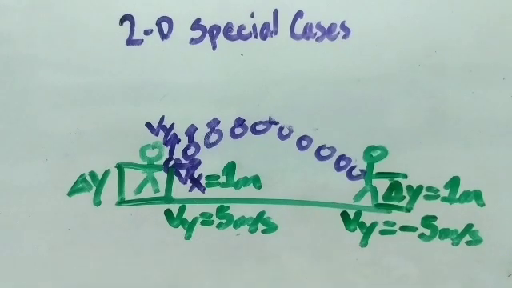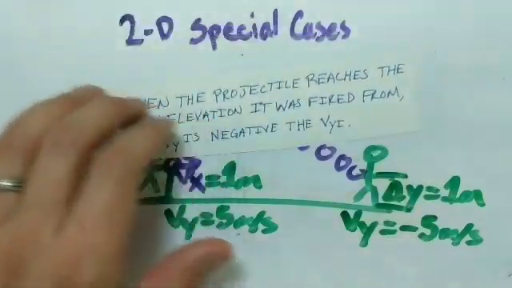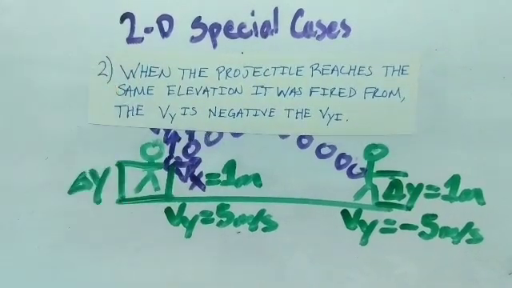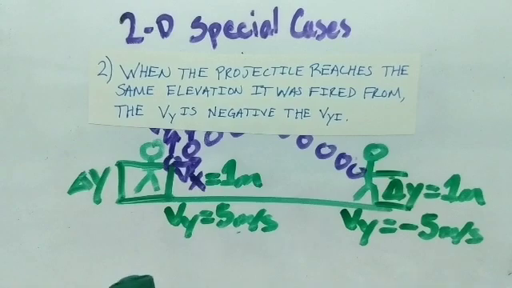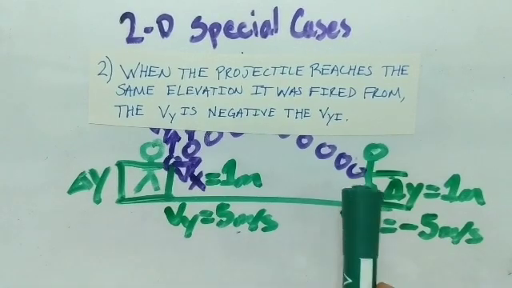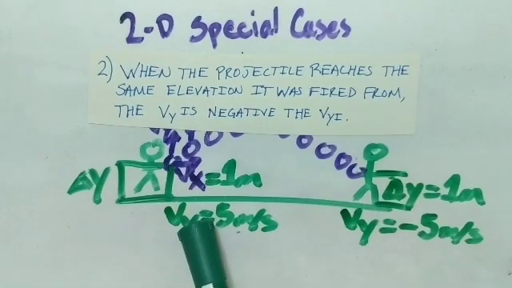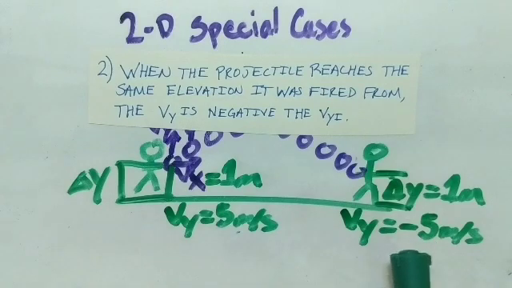So special case number 2, I'll write this out again for you so you can read. When the projectile reaches the same elevation it was fired from, the Vy is negative the Vyi, the initial vertical velocity. So when it reaches the same elevation, my Vyi, 5 meters per second, will be negative 5 meters per second.